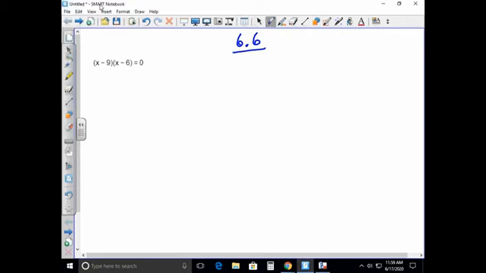So as a reminder, 6.6 is based on the zero product rule. What the zero product rule says is, if we have things that are multiplied together and we know that the answer is 0, then the only way that can occur is if one of those pieces is equal to 0.